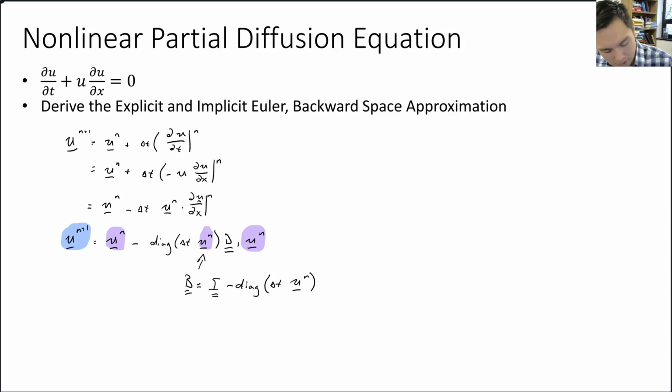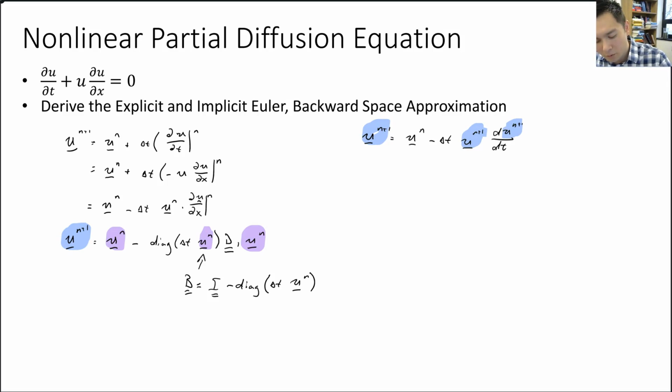If, however, we made an implicit Euler approximation of this PDE, then we run into trouble, because then we have something along the lines of u^(n+1) is equal to u^n minus delta t times u^(n+1) times du^(n+1) divided by dx. And now we have unknowns all over the place. We have unknowns on the left-hand side and unknowns on the right-hand side.